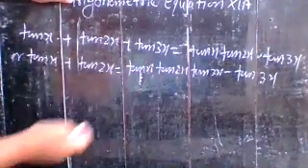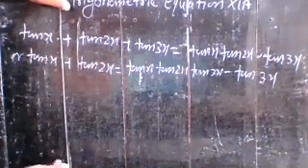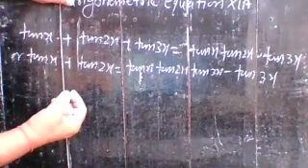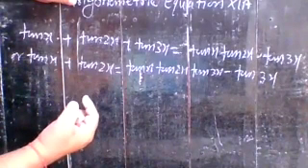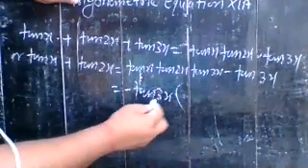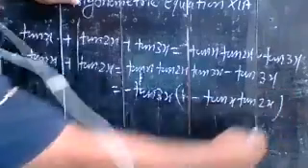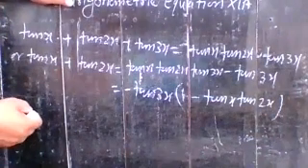Now taking tan 3x common, you have tan x tan 2x minus 1. Clear? If you take minus tan 3x common, you get 1 minus tan x into tan 2x. Understand? That is meaningful.